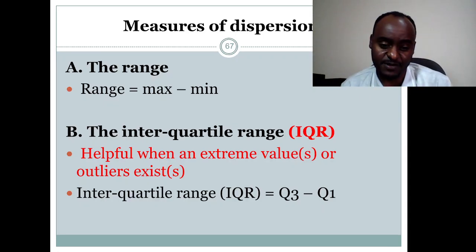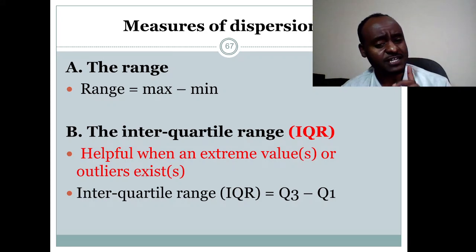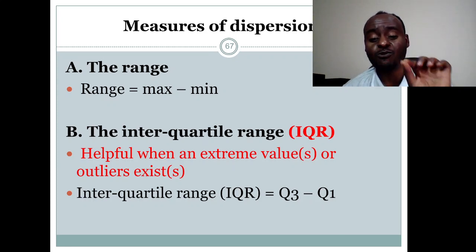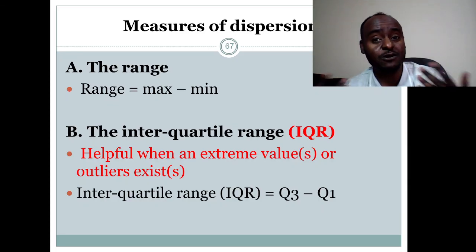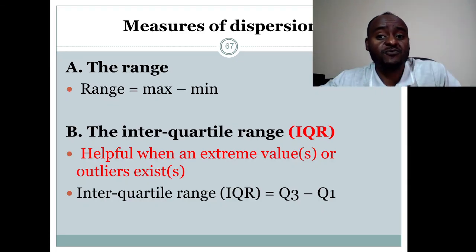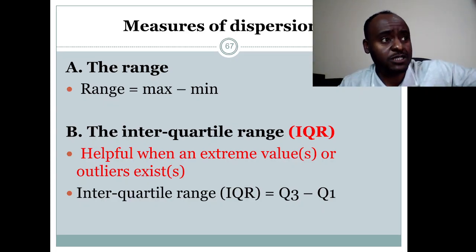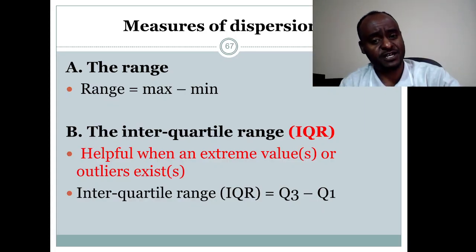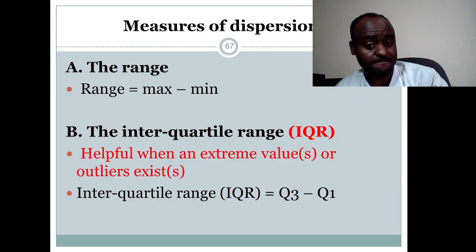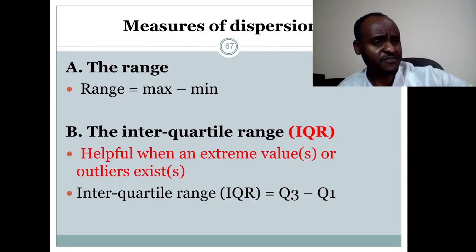The middle 50%. One of the interesting characteristics of the interquartile range is that if there is an outlier, because when we say outlier, it is a value which is very far from the data points. It may be the lowest or it may be the highest data value, but it is very, very far from the other data sets. That is an outlier. It is very far from the mean.